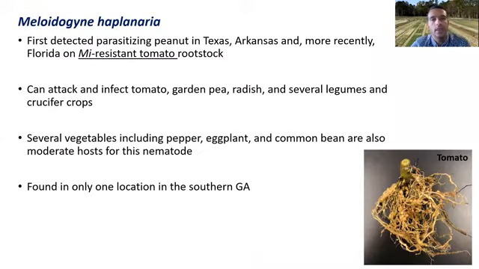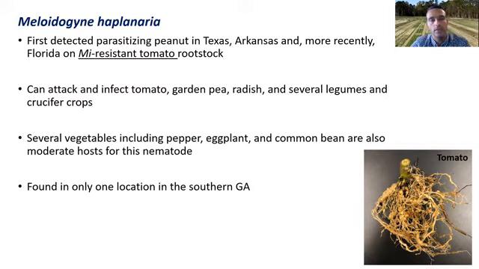The other species that we found for the first time in Georgia is Meloidogyne graminicola. We only found this nematode in one location, which is good news. However, this nematode can also be an issue for tomato production.